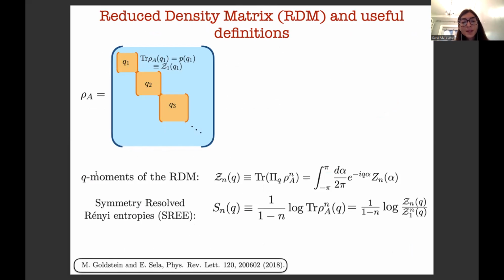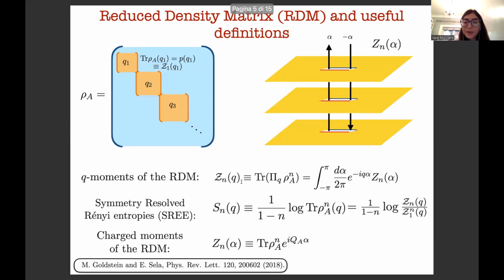So we consider the Q moments of the reduced density matrix, this calligraphic Z, and we plug in the Fourier representation for the projection operator P of Q. By doing so, we connect the Q moments of the reduced density matrix, in terms of which we can define the symmetry resolved Rényi entropies, to the charge moments, these Z_n(alpha), of the reduced density matrix.